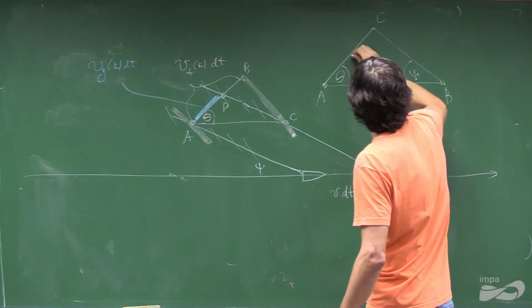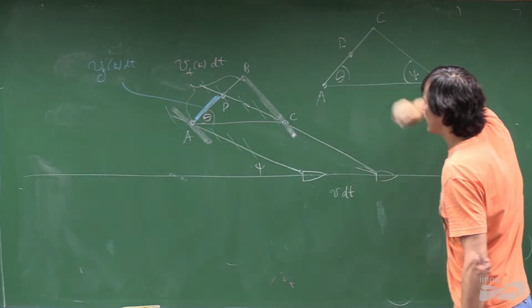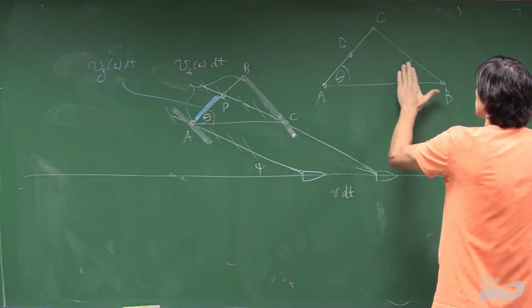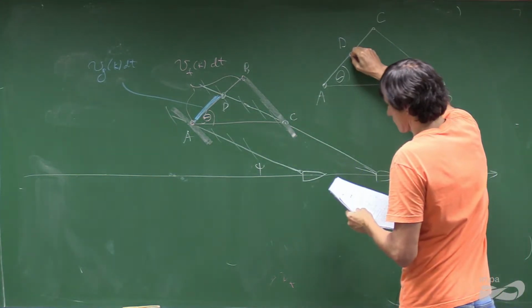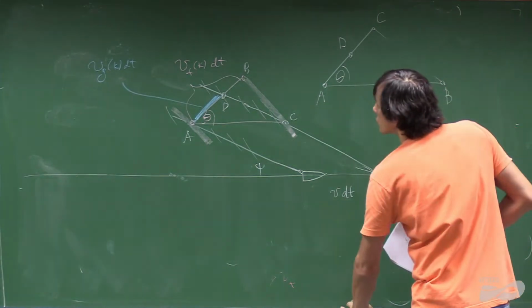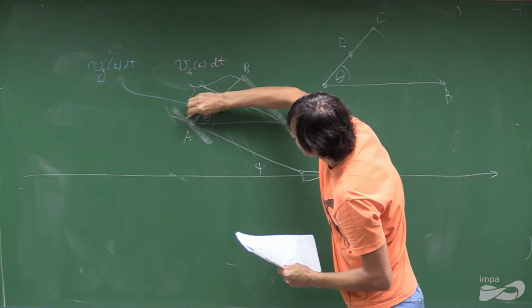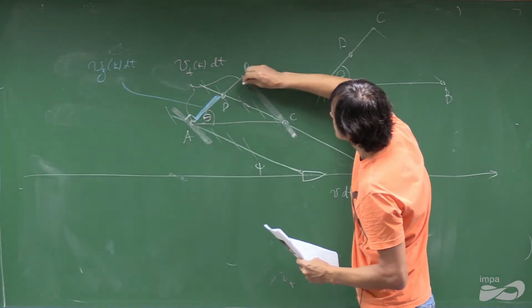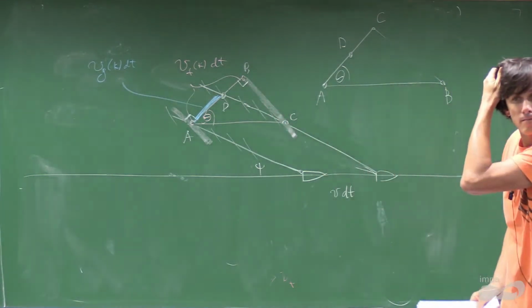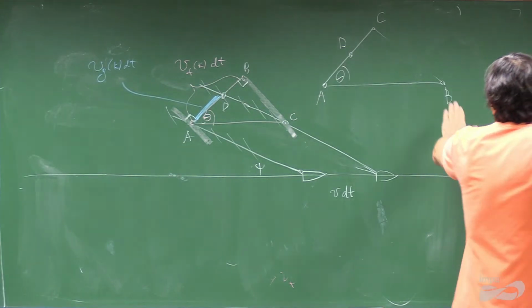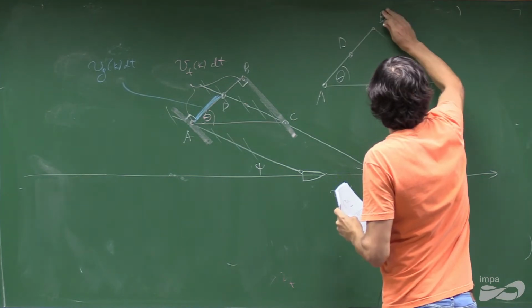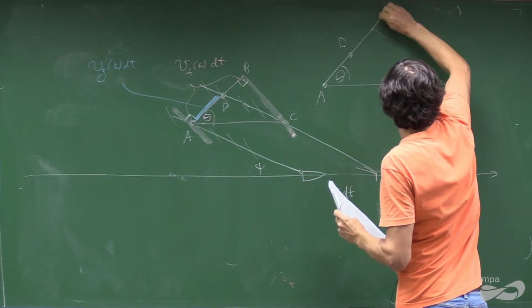This is C. This is D. This was a normal, a 90 degrees angle, so this is also 90 degrees.